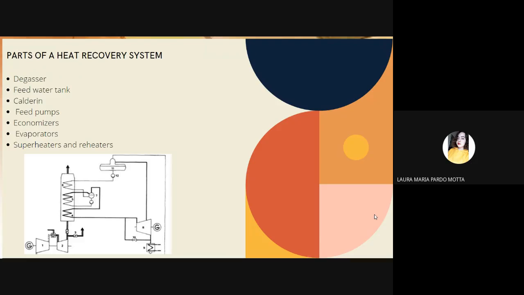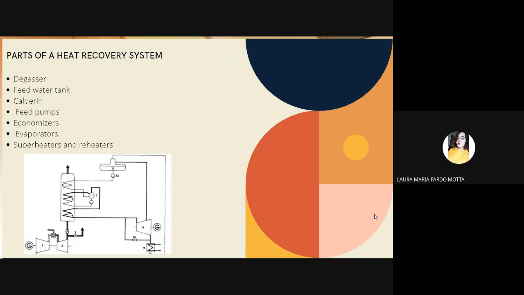The feed water tank is where the water that feeds our system accumulates. This water must be very pure to avoid impurities that could obstruct the conduits.